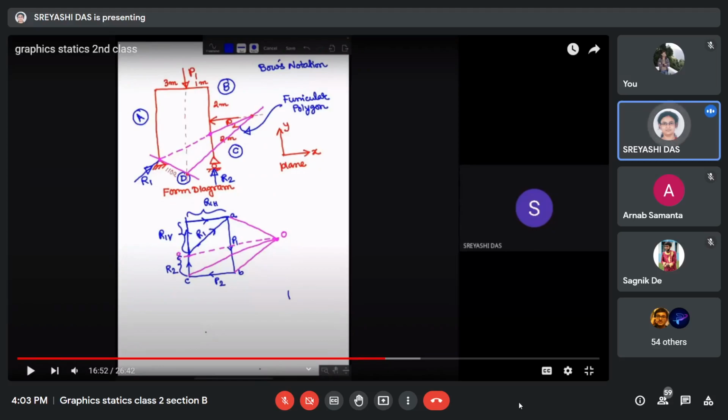And why is there the dashed line from O? How do we actually get the small d point here? The dashed line will cut the vertical line from C. Basically, how did we get that point small d? Someone from B section, please tell.